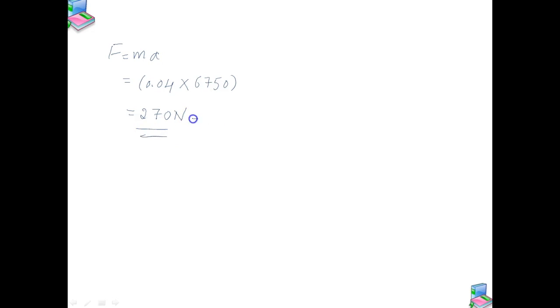So this is the resistive force exerted by the wooden block on the bullet. This is the average resistive force, because the actual resistive force or the retardation of the bullet may not be uniform. So the answer only indicates the average resistive force.